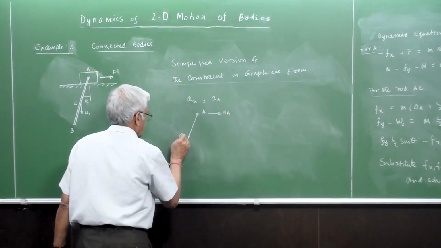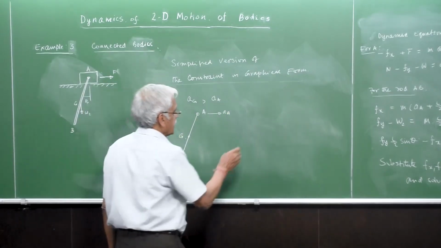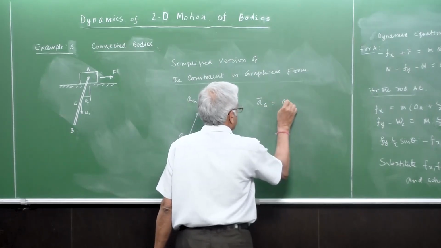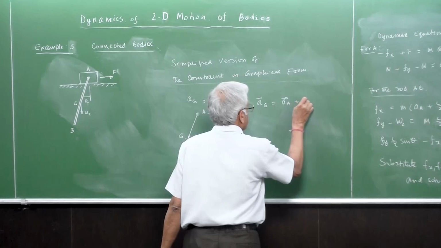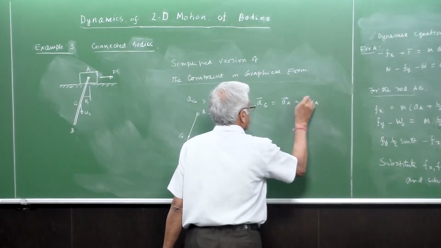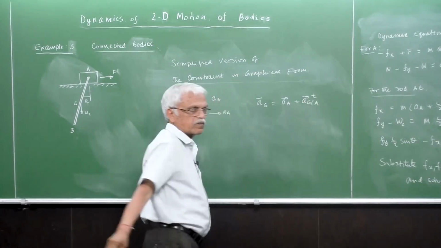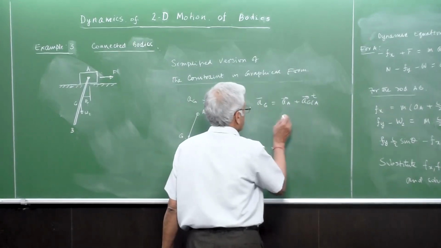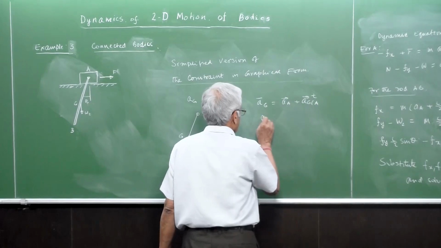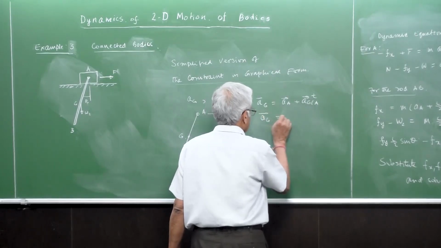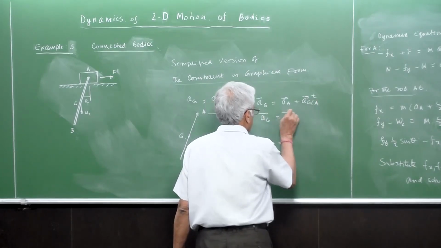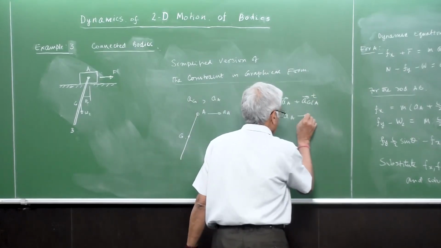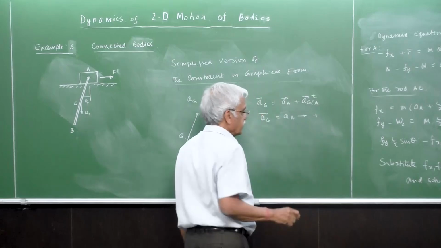To get the acceleration of G, we write it as the acceleration of A plus the acceleration of G with respect to A. I'll write only the tangential component; the normal component depends on omega square, so that is usually 0. We know the acceleration of A is horizontal, so we'll represent it by an arrow.